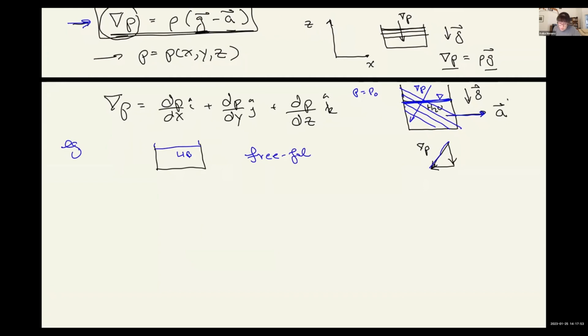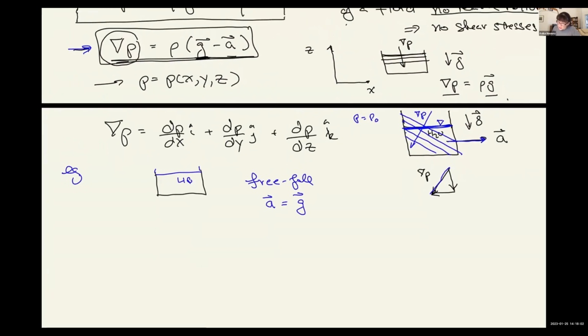In free fall, the acceleration is equal to gravity, so you can see that if that's the case, then the right-hand side is 0. And so if this object is in free fall, with acceleration and gravity, then according to our equation here, there will be no variation of pressure within the liquid or the fluid, okay?